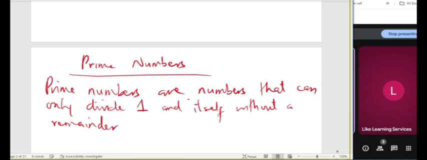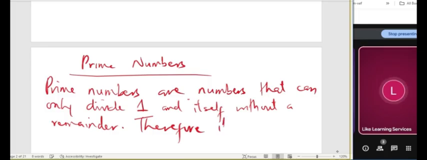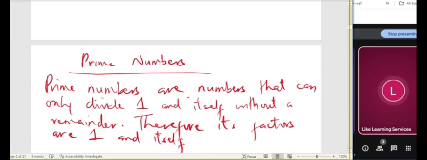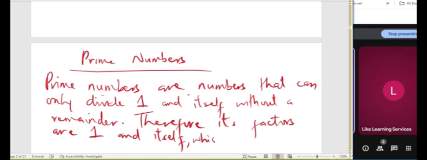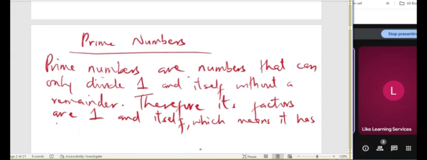Its factors are 1 and itself. So it has how many factors? It has 2 factors, only 2 factors: 1 and itself.